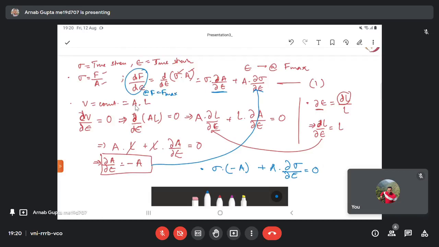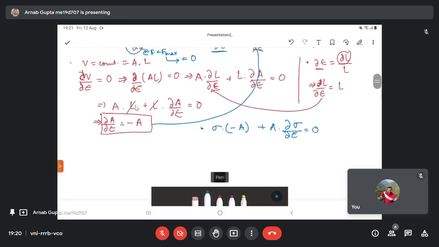So dF by d epsilon at F equal to F max will be nothing but 0, because it's a maxima there. Here also A will cancel. Then d sigma by sigma will become epsilon.